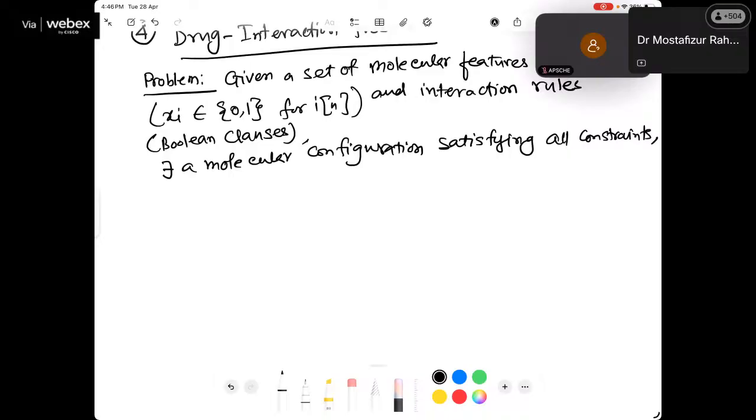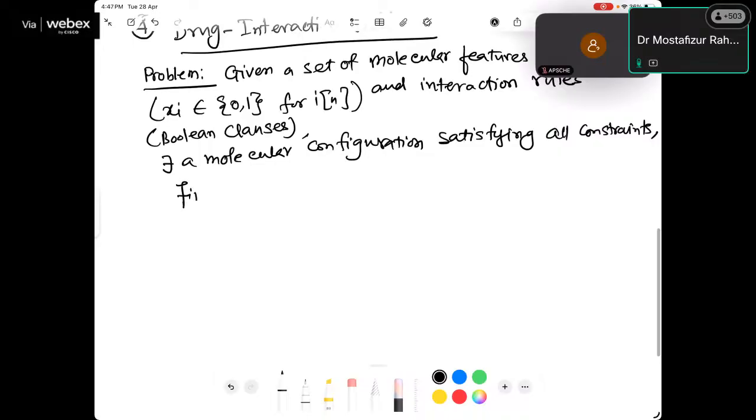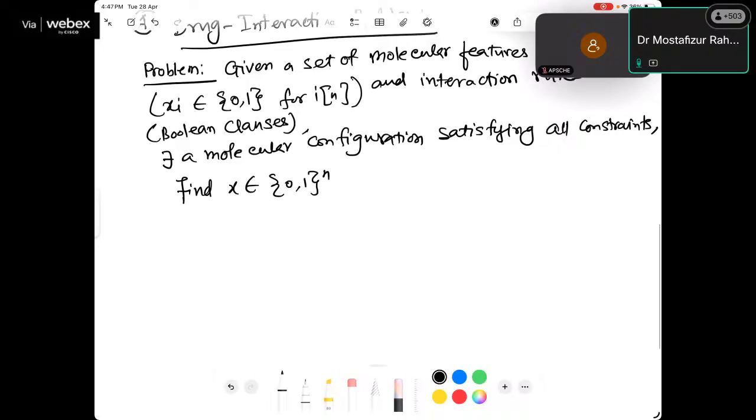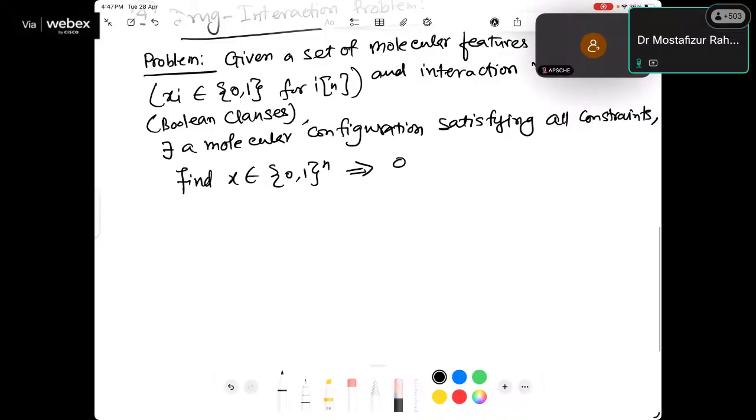Right? So find x in {0,1}^n such that my function f(x) equals 1. This is a SAT problem.